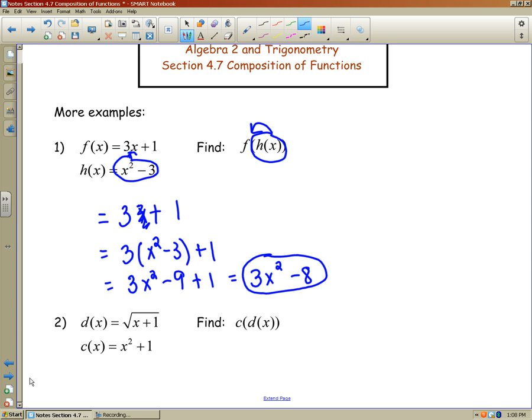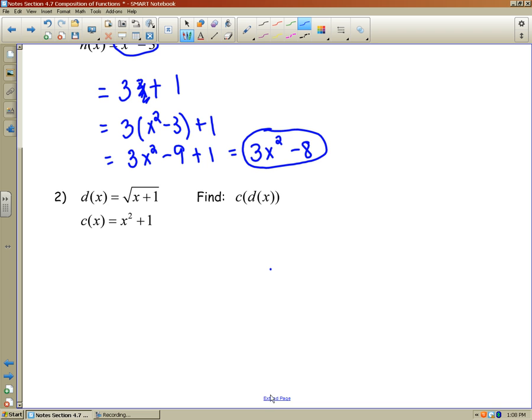So pause the video again and try the second one. C of d of x. So we're going to take d of x, plug it into c. So we have c is x squared plus 1, but we're not going to have x anymore.